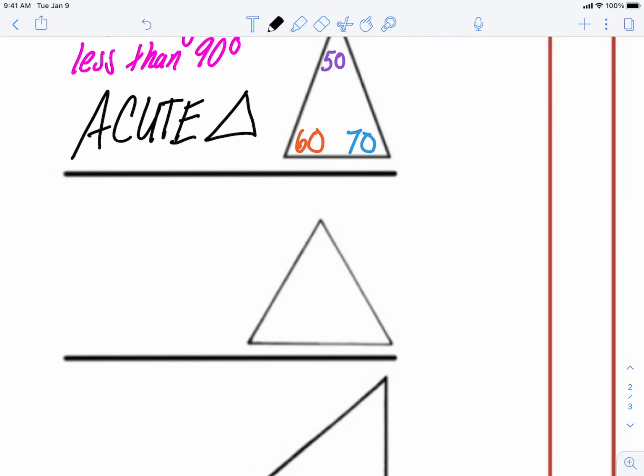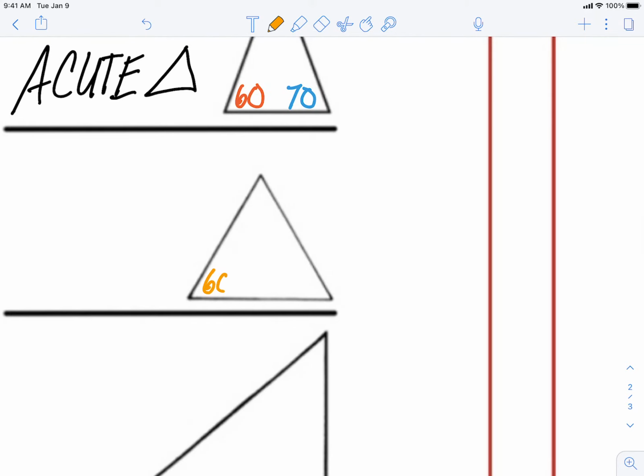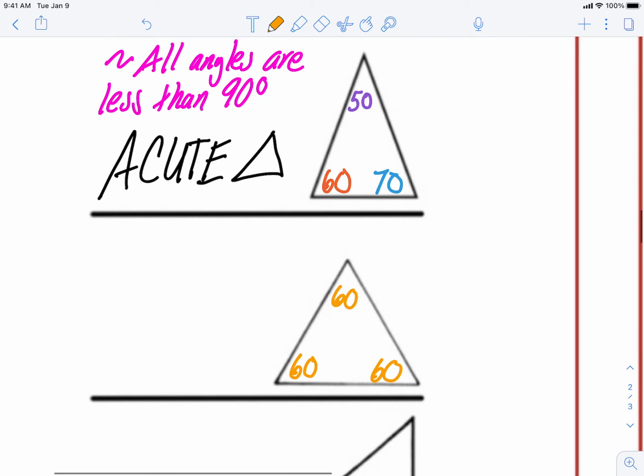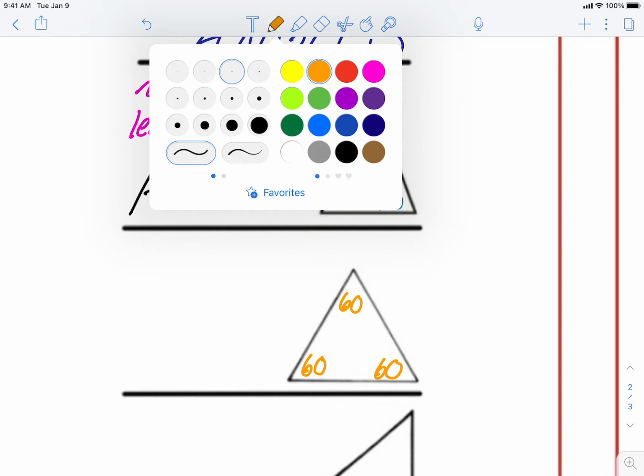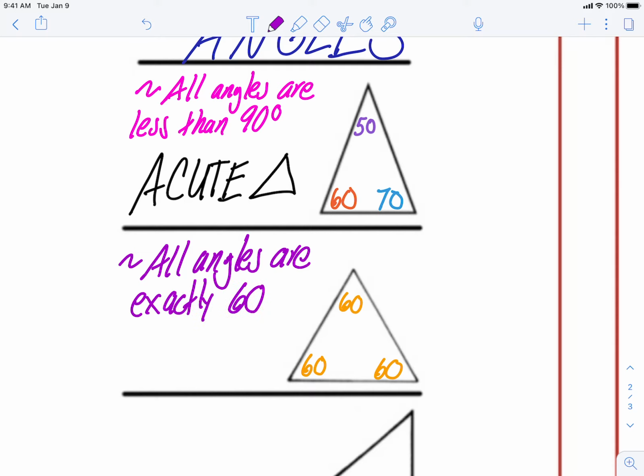Next, we're going to notice that in our triangle all the angles are exactly the same. We're going to say all angles are exactly 60 degrees.